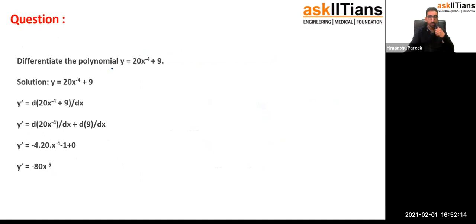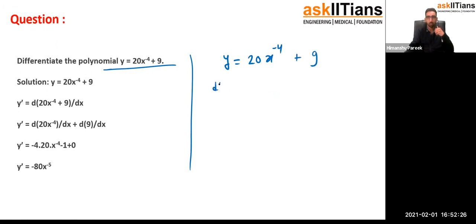So differentiation of a polynomial. Suppose this polynomial you have got: y is equal to 20x power minus 4 plus 9. So how to do the differentiation?